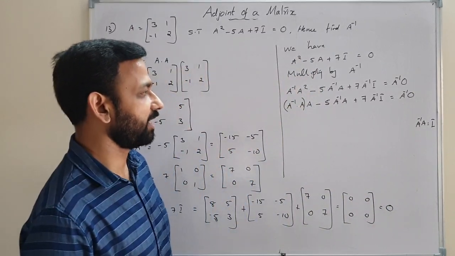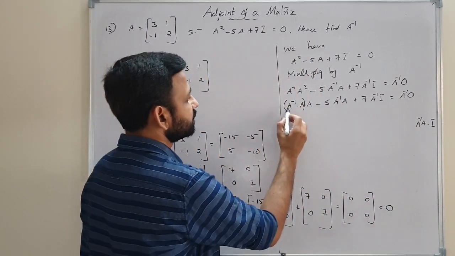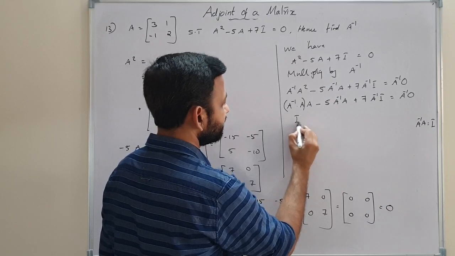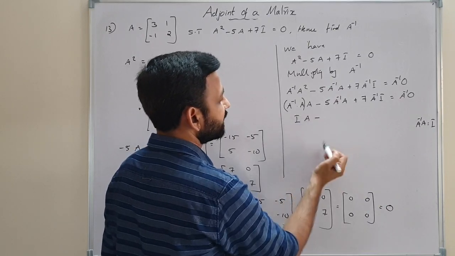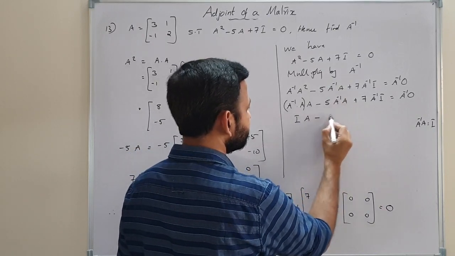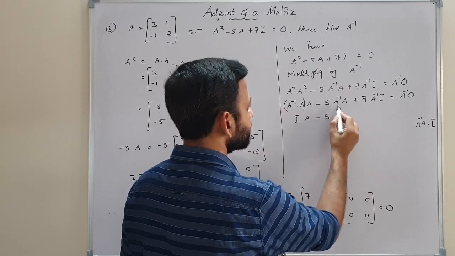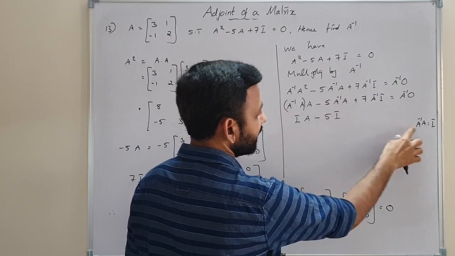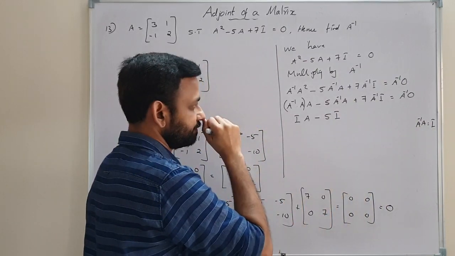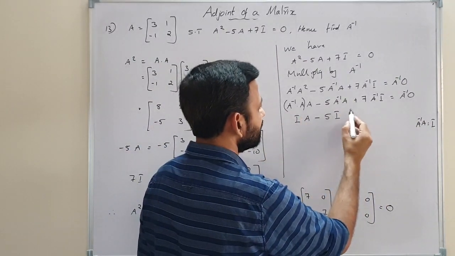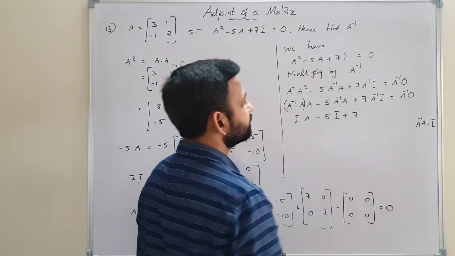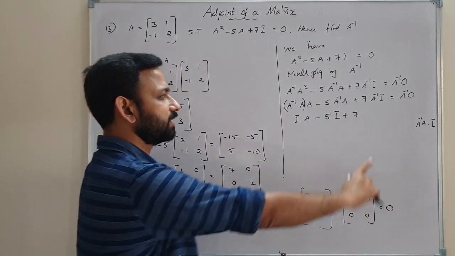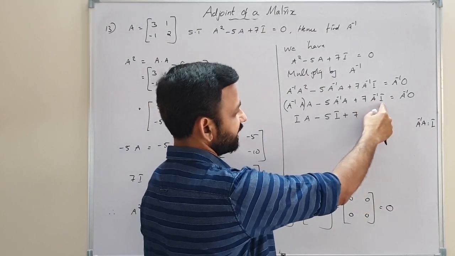So we can write identity matrix into A minus 5 into A inverse into A, that is 5I, since A inverse into A is identity matrix. Then plus 7 into A inverse into identity matrix.